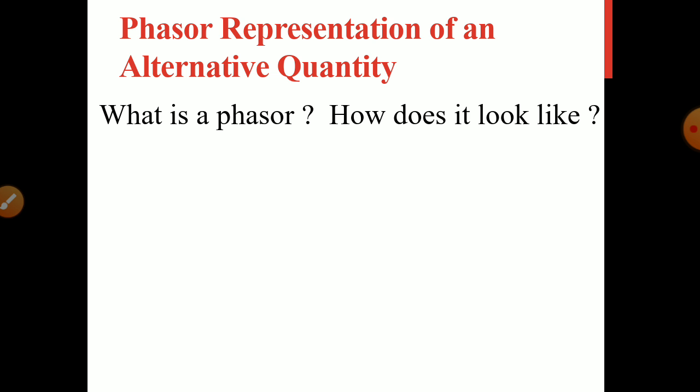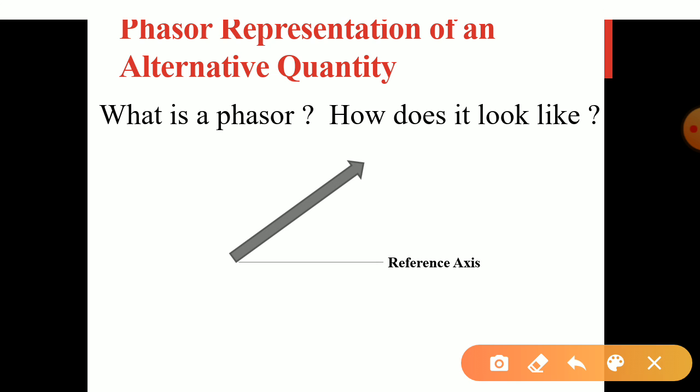What is a phasor? How does it look? A phasor is a straight line with an arrow marked on one side. The length of this straight line represents the magnitude of the sinusoidal quantity being represented, and the arrow represents the direction.